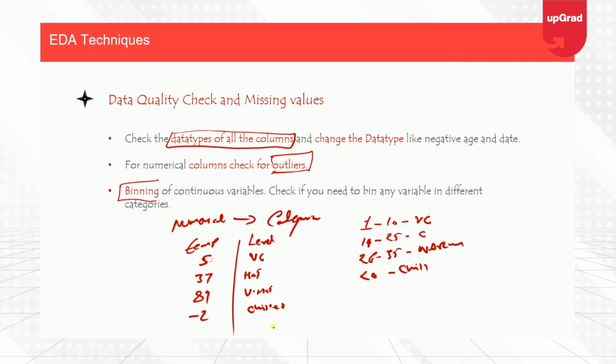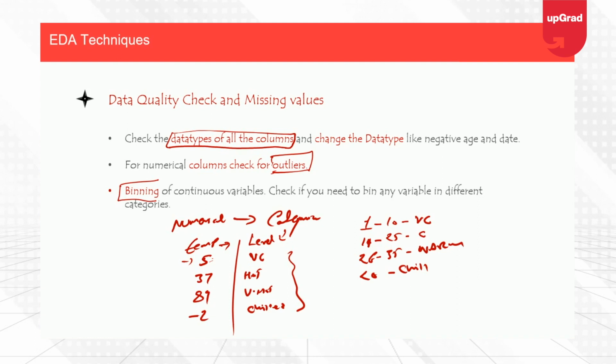We can say anything. So here you can see that out of this numerical data, I have just populated one more column, which is a categorical column, and it has the values as per the range we have specified.